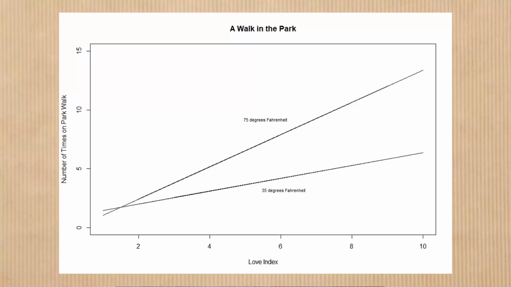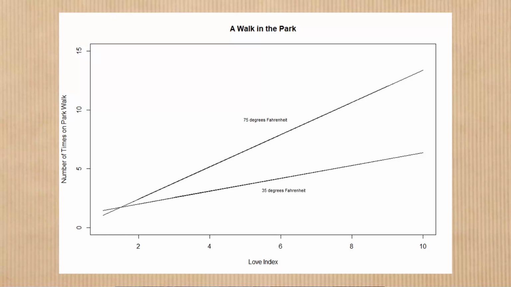And let's take it a step further and say that temperature is actually a moderating variable, meaning that it is indeed the temperature that is causing the differences in the effect of love for the number of times that the couple can be seen walking in the park.